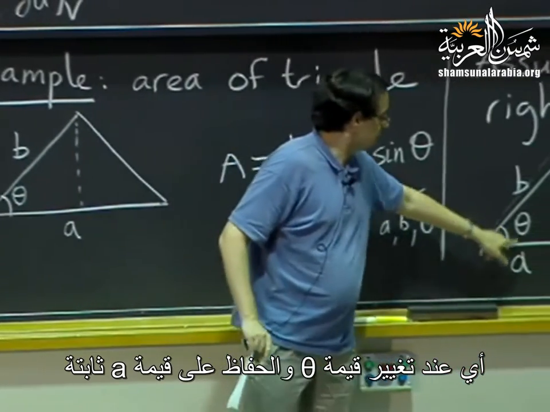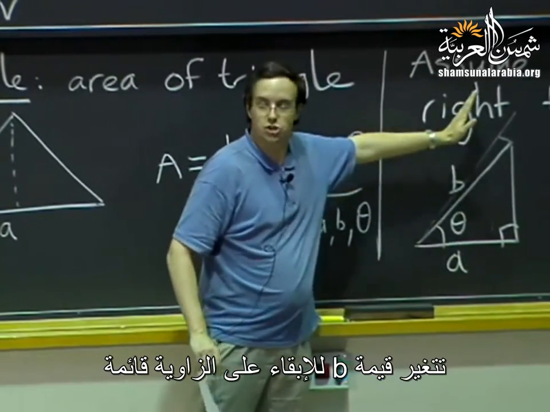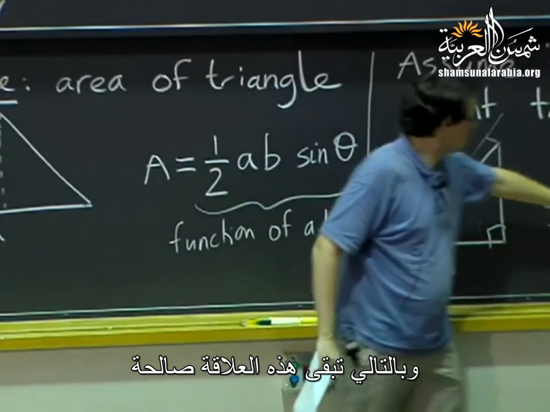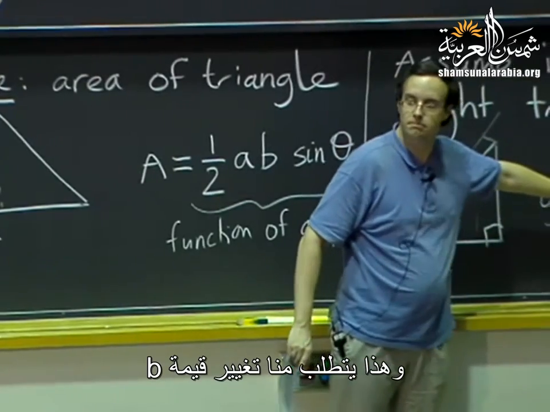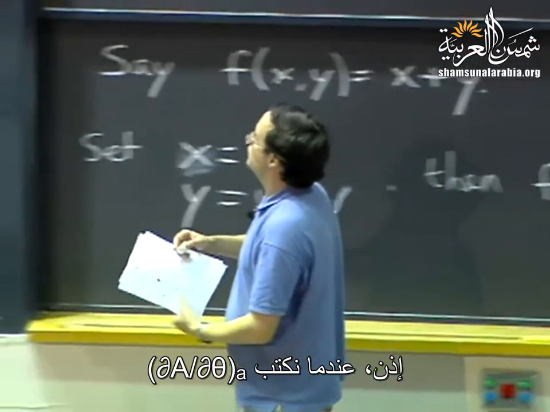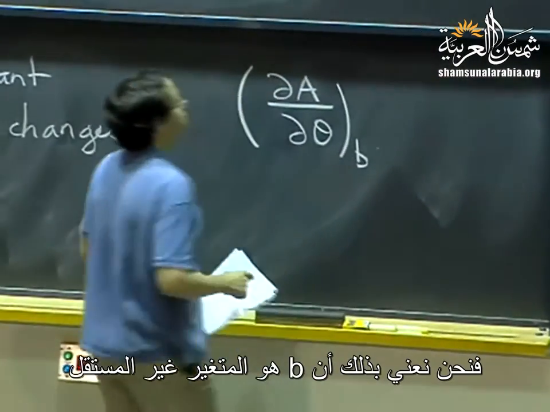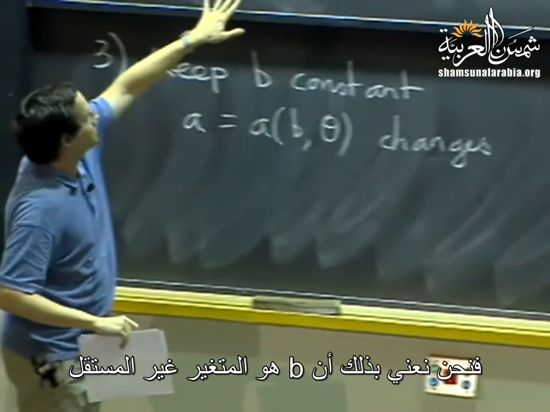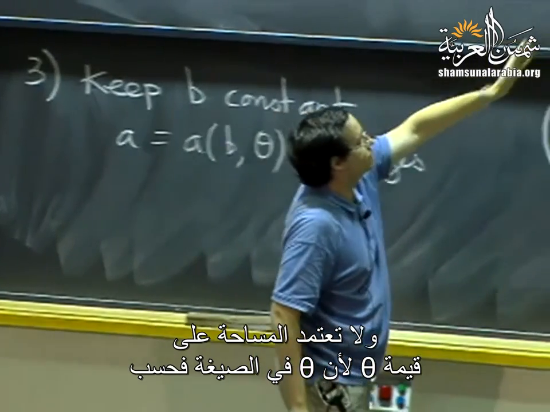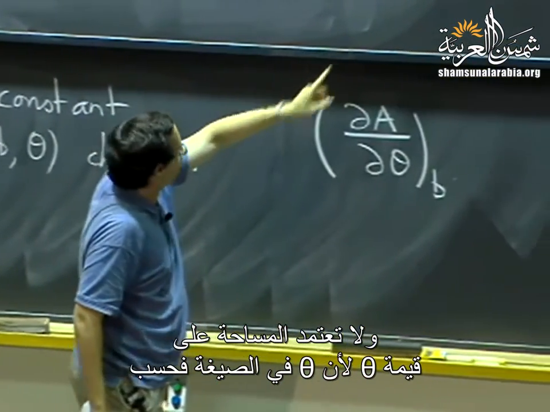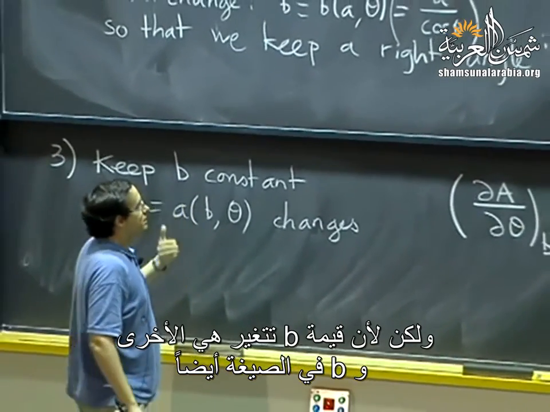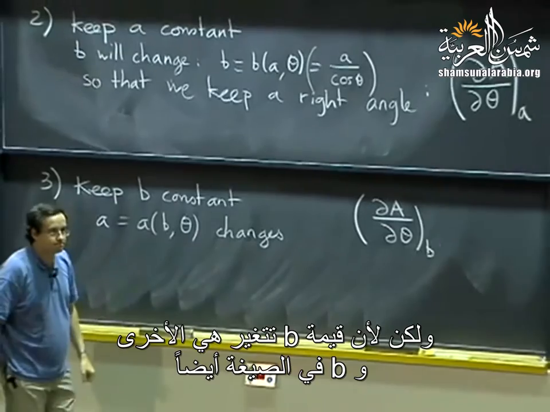When we change theta and keep A the same, B has to change so that it stays a right triangle, so that this relation still holds. So when we write partial A over partial theta with A constant, B will be the dependent variable. It depends on A and theta. And so the area depends on theta not only because theta is in the formula, but also because B changes and B is in the formula.